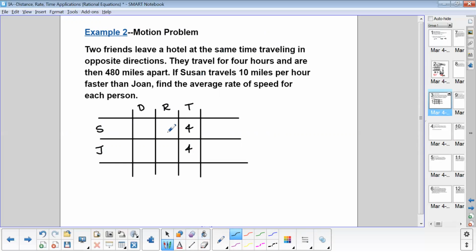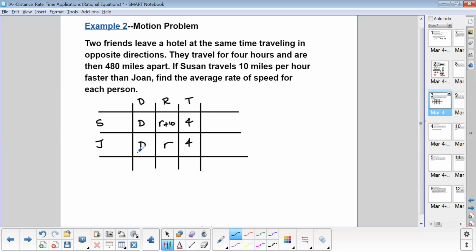Susan travels 10 miles an hour faster. So whatever her rate is, let's add 10 to it. Joan, we don't know what her rate would be. However, we know that she traveled some distance, and we know that the total was 480.